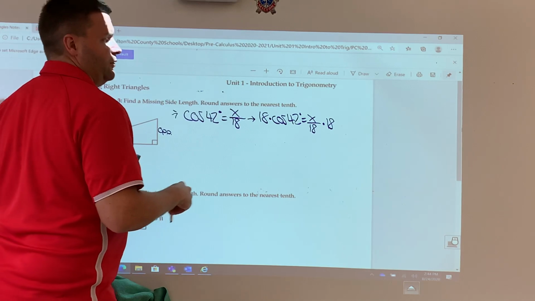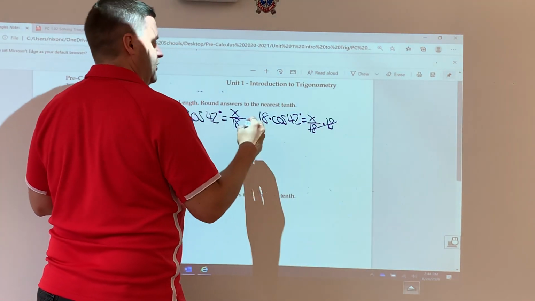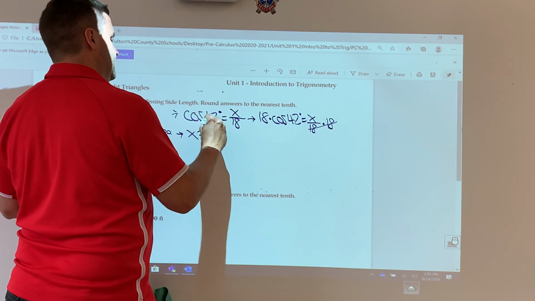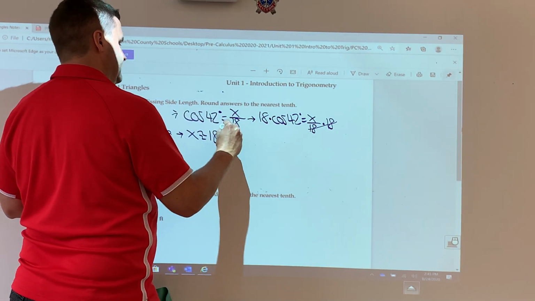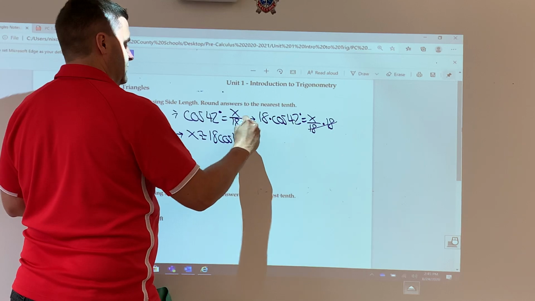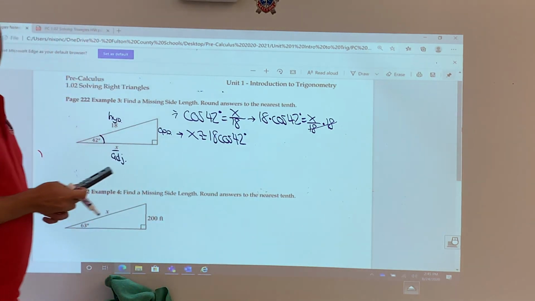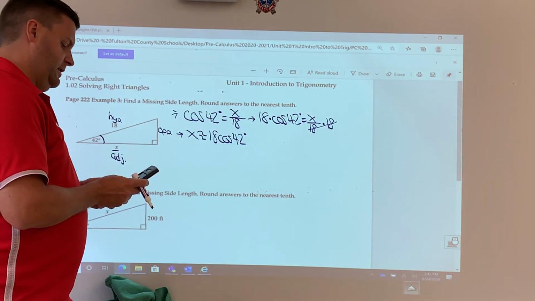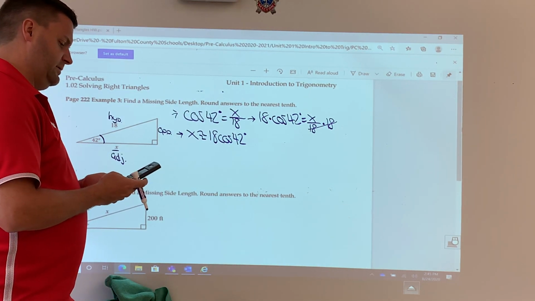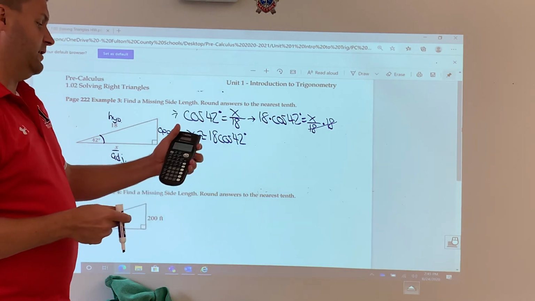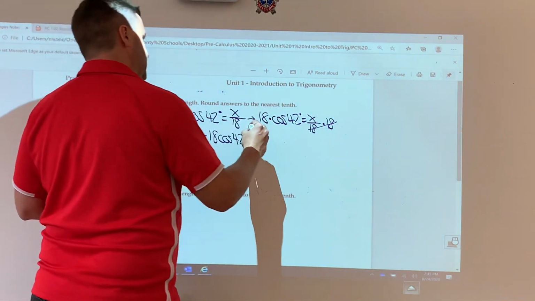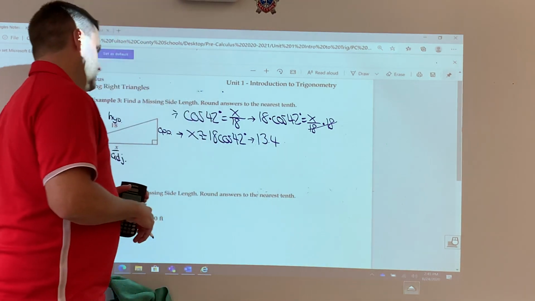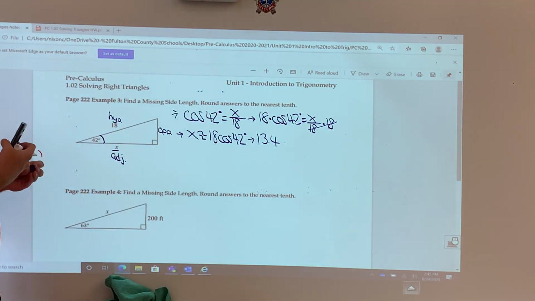By multiplying both sides here by 18, those go away, and now I've got this. x is approximated to be 18 times cosine of 42 degrees. And when I plug that into the calculator, let's round to the tenths. We're going to get 13.4 for x.